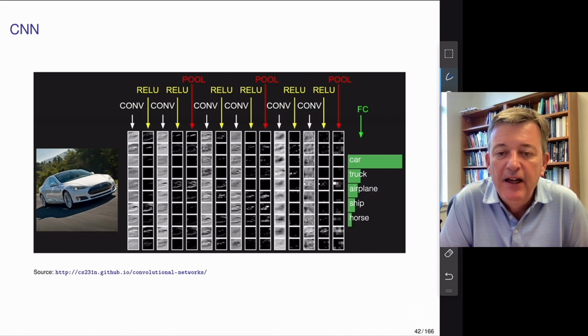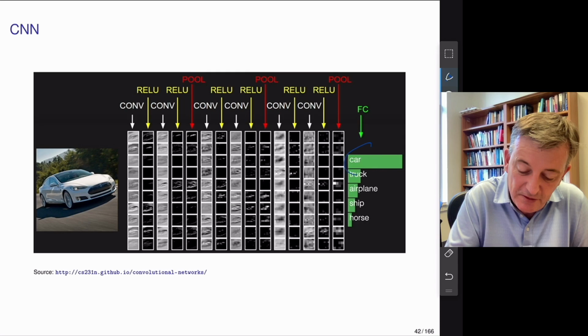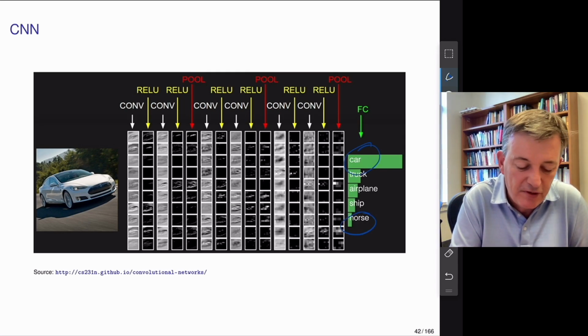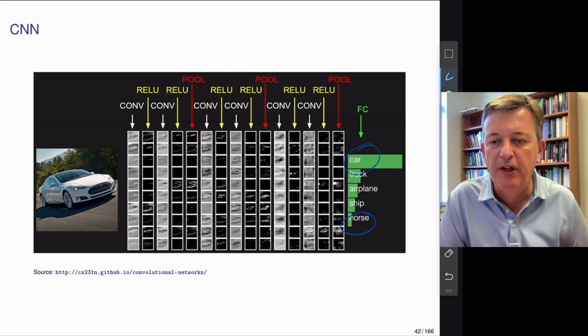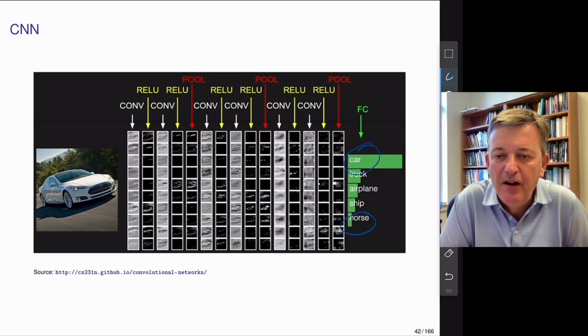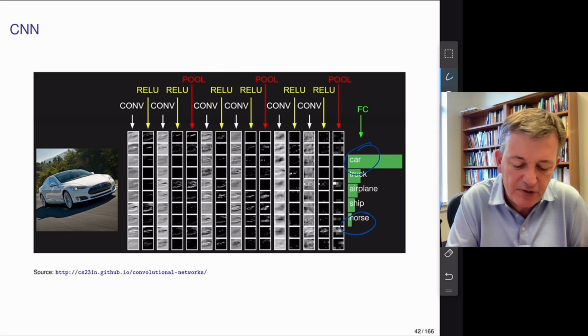Driverless car. Again, how do you identify what's on the road or what's happening? Can I decide between a car and a horse, for example? Well, again, you can take an image and run it through essentially a whole bunch of filters. So another way of thinking of deep learning, if you don't want to think in terms of the mathematics of superpositions of affine functions, you can think of them as a sequence of filters.